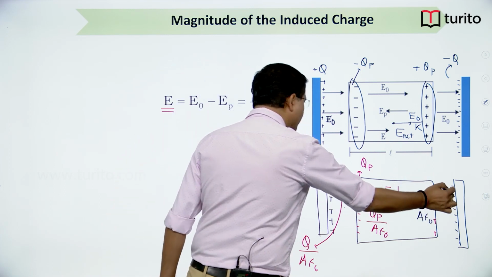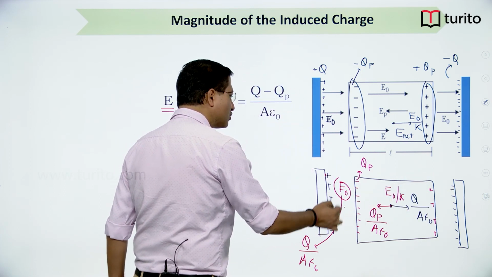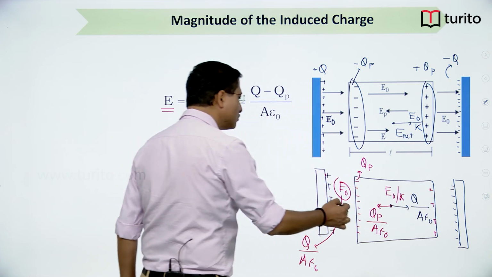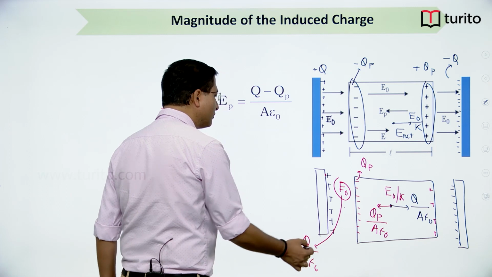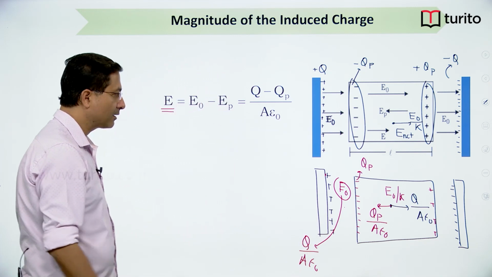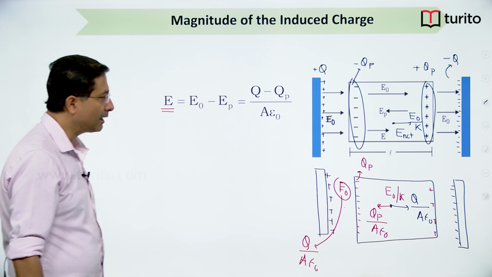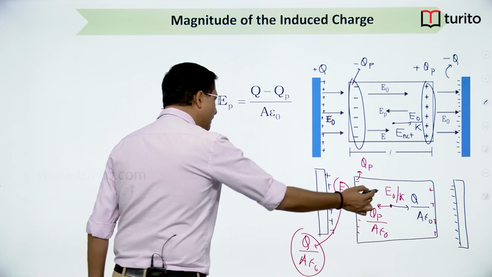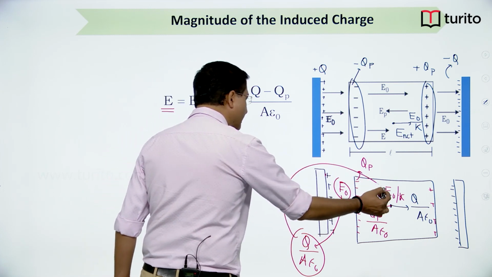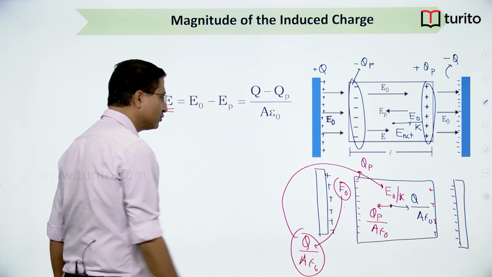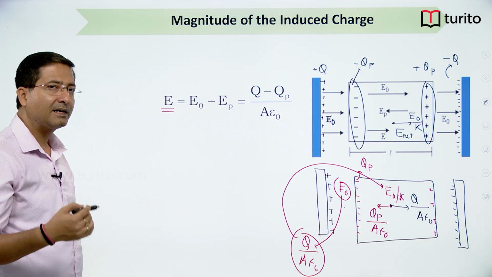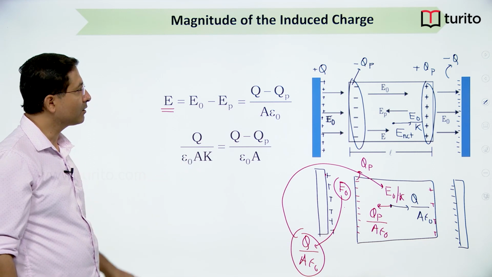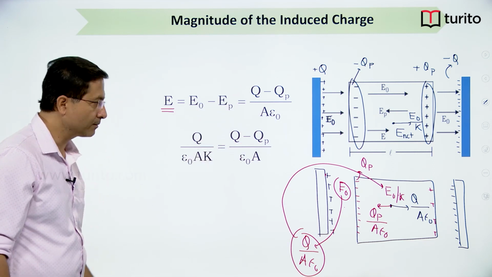Only this plus q and this minus q will produce the field here: plus q will produce q upon 2A epsilon naught, and minus q will produce q upon 2A epsilon naught. So, the net field here will be q upon A epsilon naught, right. So, inside I can write the field by substituting this value: q by k A epsilon naught must be equal to this term.